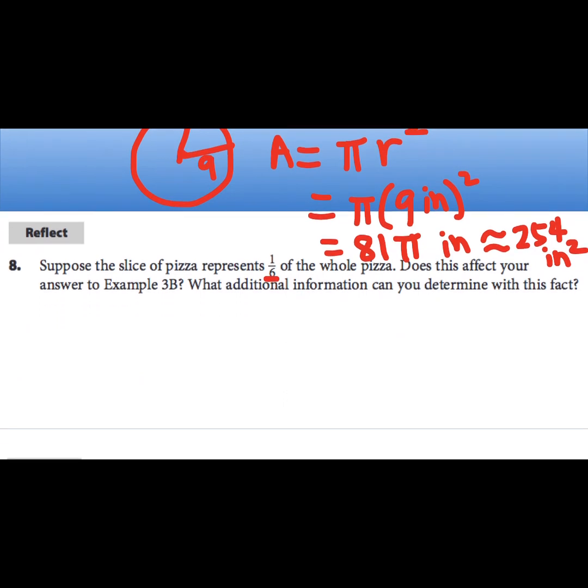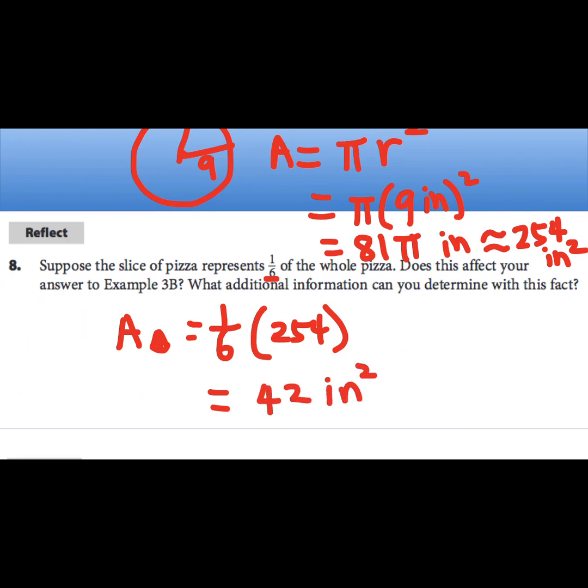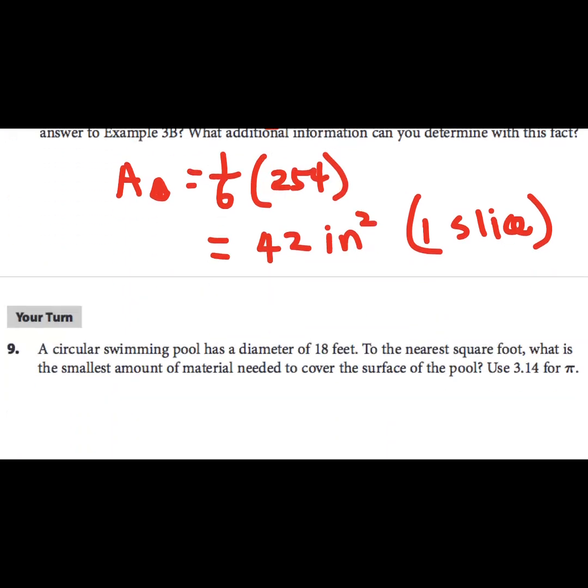So what you can determine from here is that the area of one slice of pizza, so let me draw one slice of pizza, is equal to 1/6 of the area of the entire pizza, which is 254. So if you take 254 divided by 6, you will have approximately 42 square inches for one slice of pizza. Okay, and that's the end of the problem.